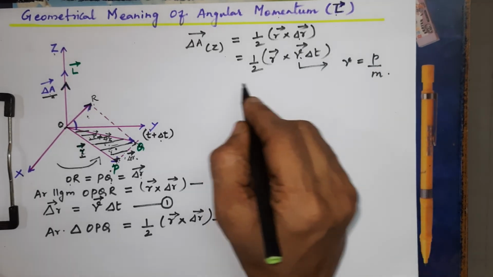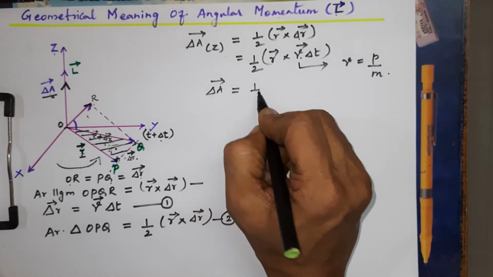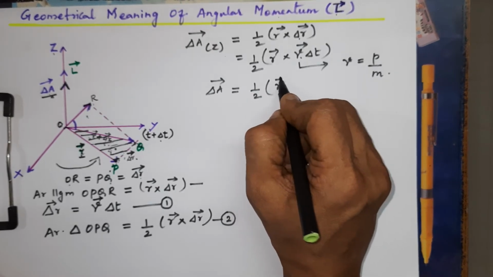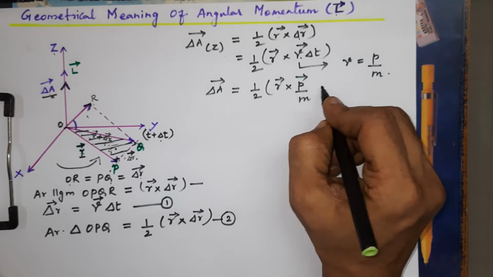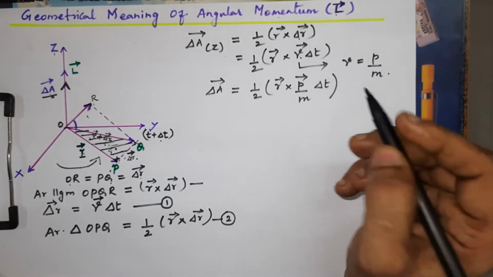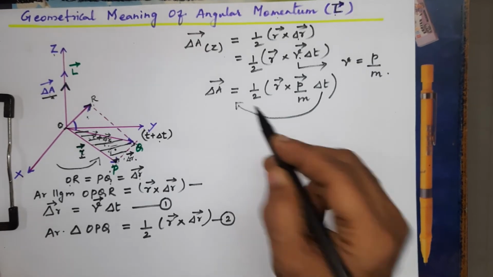Substitute this in the equation for delta A. The next step is 1 by 2 r vector multiplied by P by m, where P stands for linear momentum, and I have rearranged this expression. Once again, you can bring this delta t to the other side.